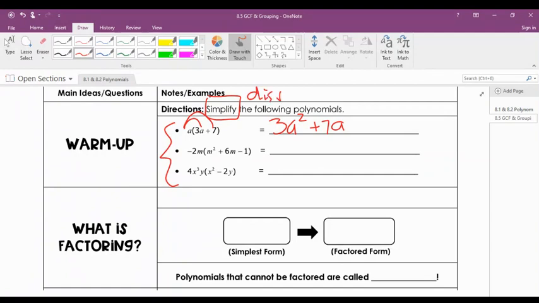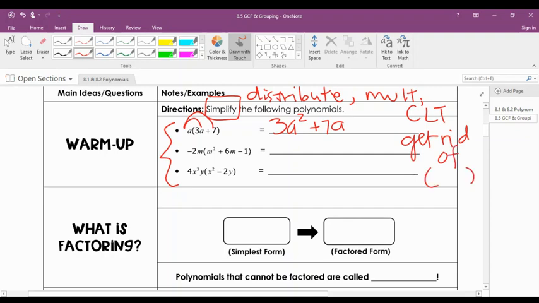Distribute, multiply, combine like terms. That's what simplify means. It means make it as small as possible, do the operations that are there, and I like to say get rid of parentheses, because factoring is the opposite of simplifying.